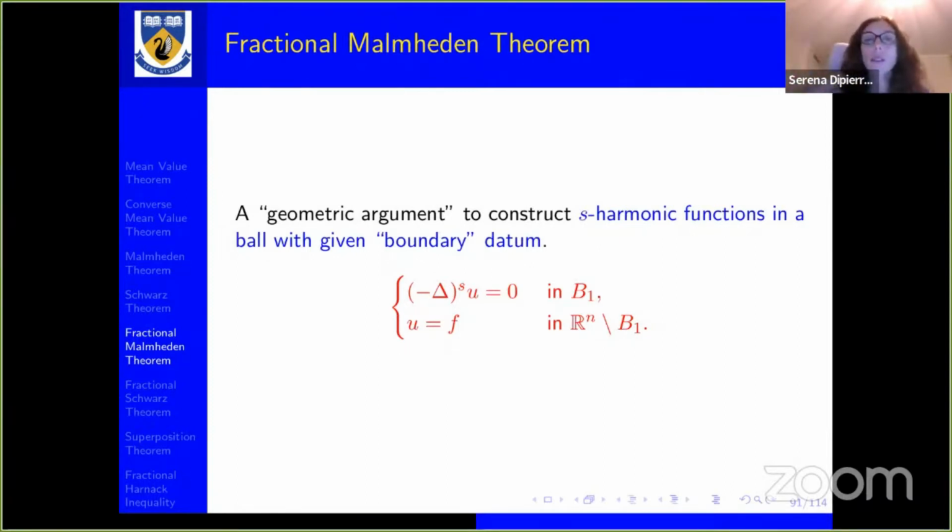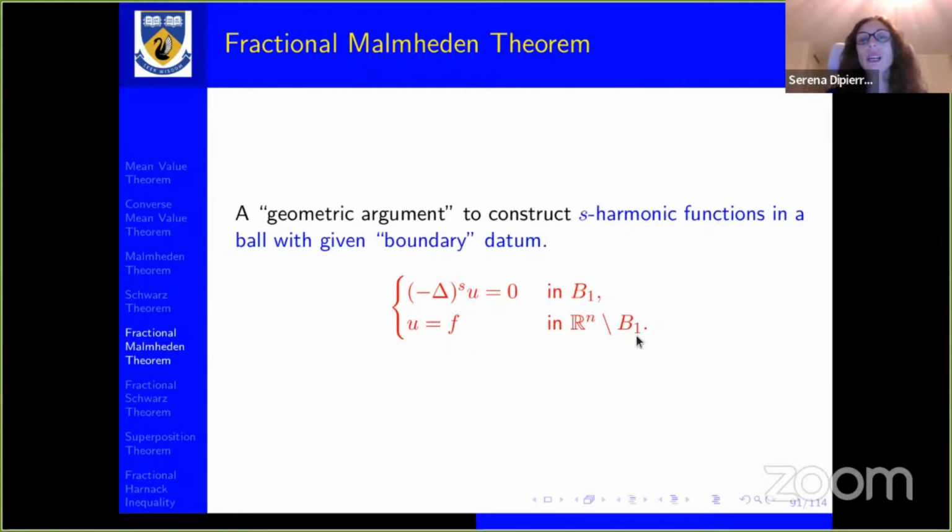I can cook up a geometric argument, a geometric construction to define s-harmonic function in a ball given a boundary datum. Okay, so I want a geometric argument to construct s-harmonic functions in a given ball, given some boundary datum. And I'm writing boundary in this way because, as you see, it is not really a boundary datum, it's an exterior datum.